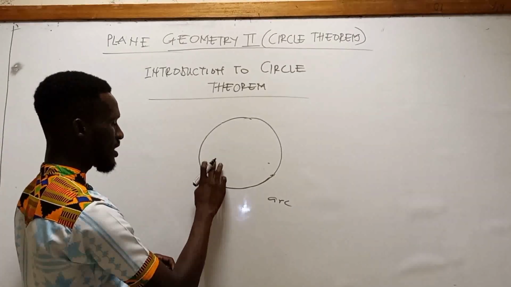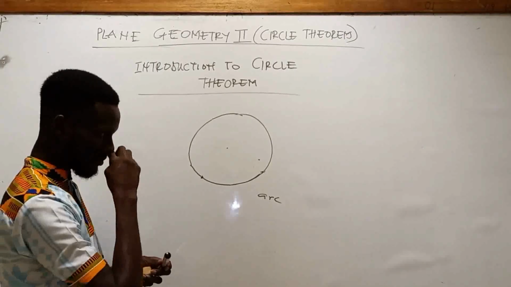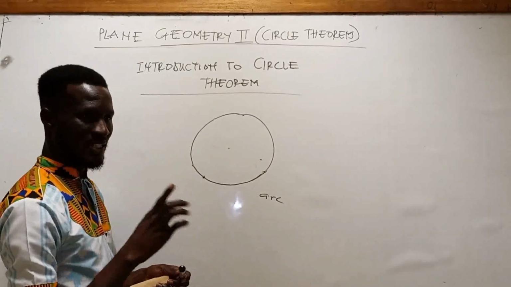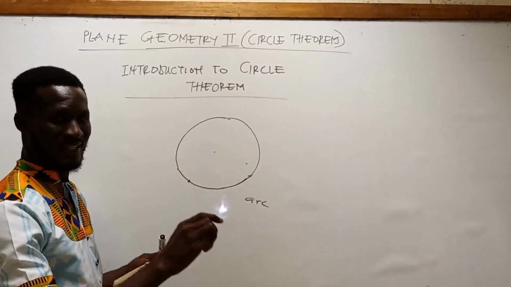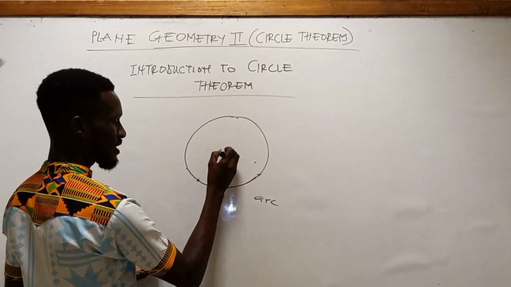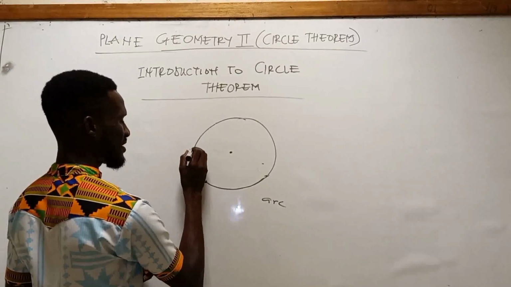Now, let me talk about one special chord, a chord that divides the circle into two. It means that particular chord has to pass through the center of the circle. For example, this is the center of the circle, and I have a straight line passing through the center.